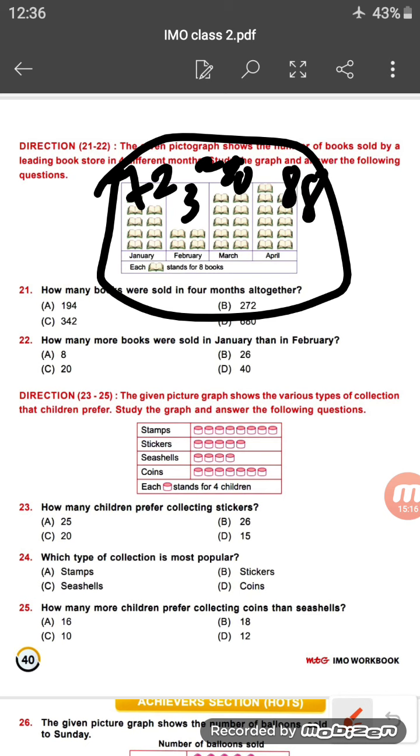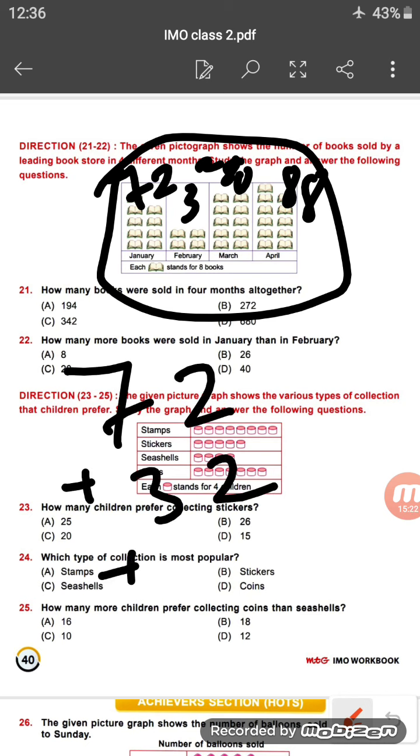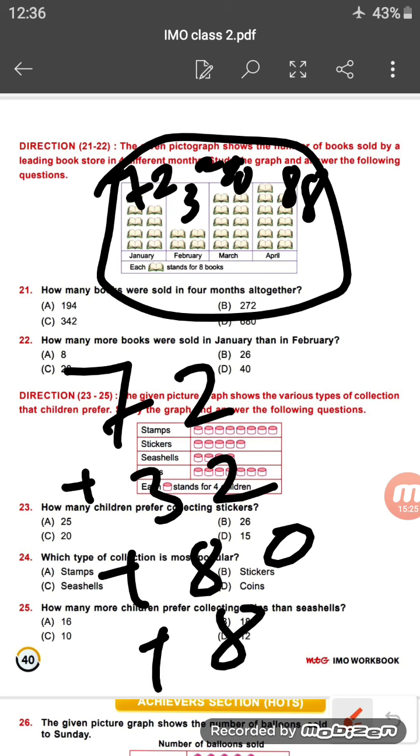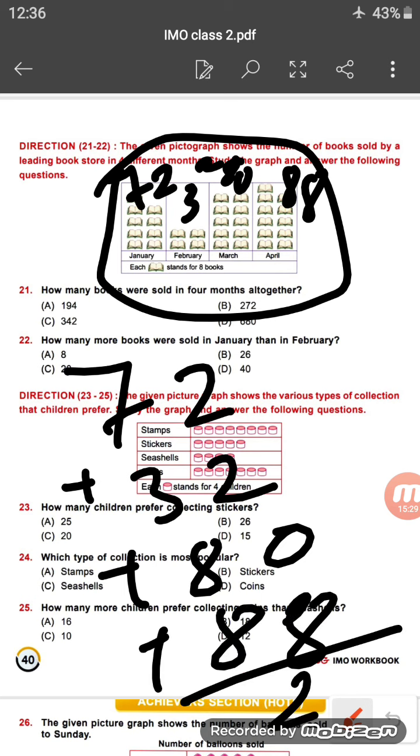Okay, now all together, if I add 72 plus 32 plus 80 plus 88, altogether it will come as 272.